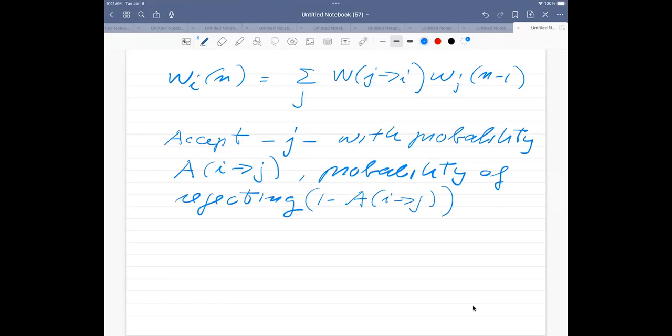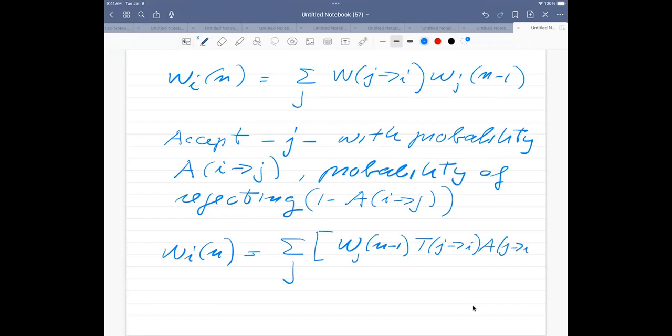So I'm going to use this to rewrite this equation here. I have w_i of n, which is now given by this sum over j, where I detail the probability of making a transition multiplied with the acceptance. So I am at step n minus 1, and now I have a T of j goes to i, and then I have an A of j goes to i.